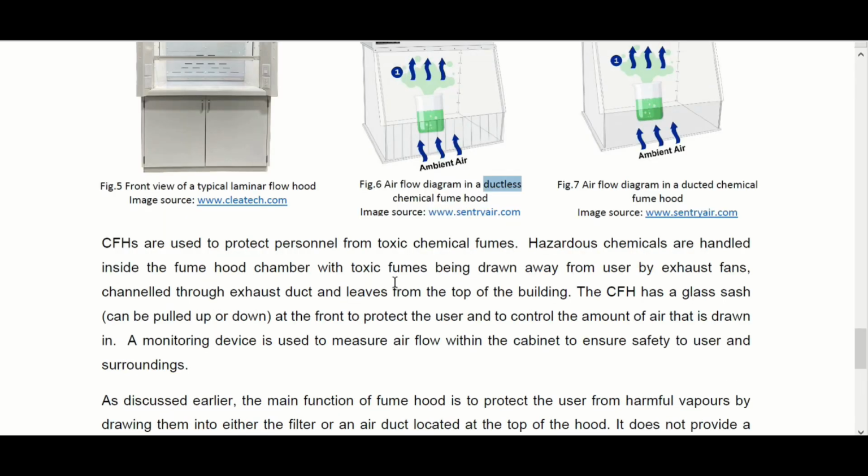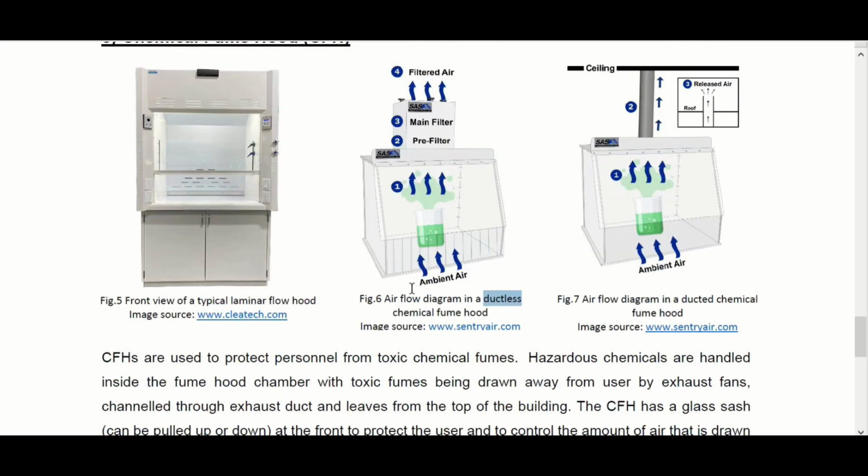So, as mentioned, the main function of a chemical fume hood is to prevent the toxic fumes or gases from going out of the fume hood and being breathed in by the user, right? So it protects the users from breathing in toxic fumes or gases by containing them inside this fume hood.